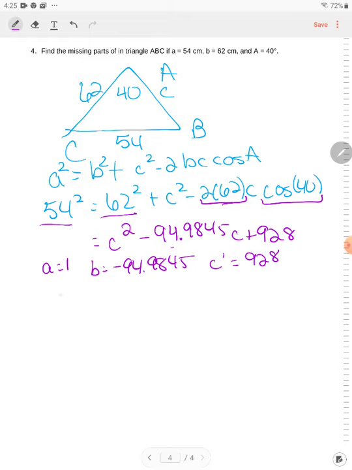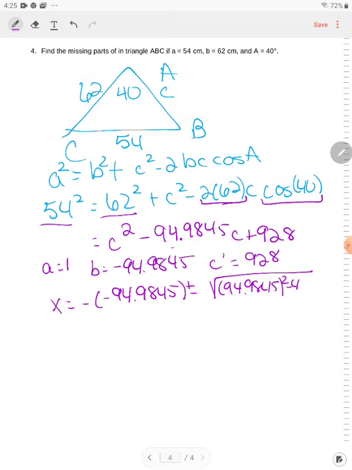So if you remember your quadratic formula is X equals negative B plus or minus square root. So there's two answers there. B squared minus 4 times A times C all over 2A.